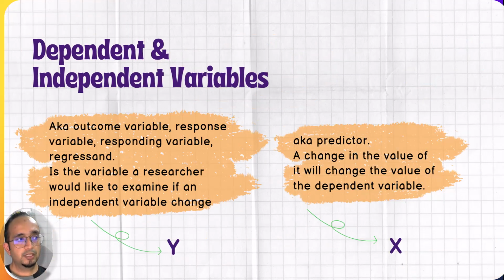Let me make the dependent variable clear. It is also known as the outcome variable, response variable, or regressand. It is the variable that a researcher would like to examine to see whether it changes when the independent variable changes. For the independent variable, a change in its value will change the value of the dependent variable.